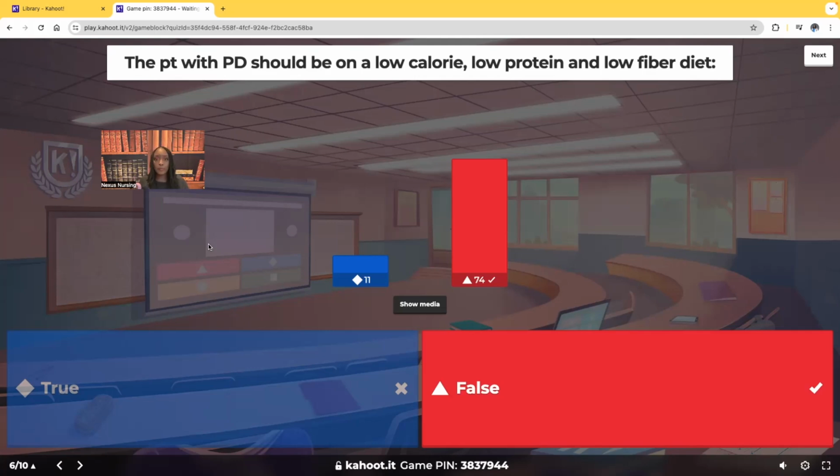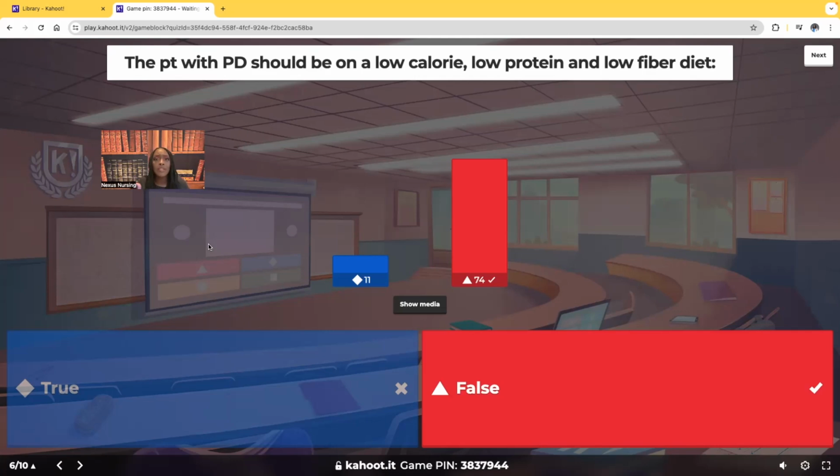Now, as a student, let's say I wasn't sure about low calorie. Let's say I wasn't sure about low protein. Any student nurse, even if you are in the first semester in fundamentals of nursing, one of the first things that you learn is that we love fiber, right? There are very few disorders where the patient is going to be on a low fiber diet. I mean, unless this patient has crazy diarrhea or something like that, we're not going to put them on a low fiber diet.